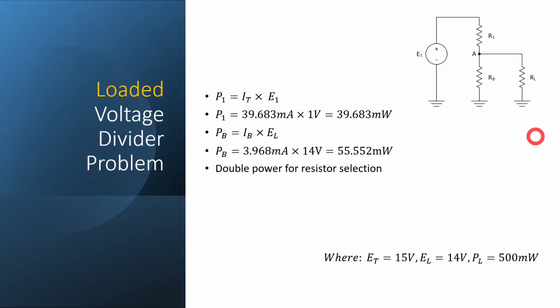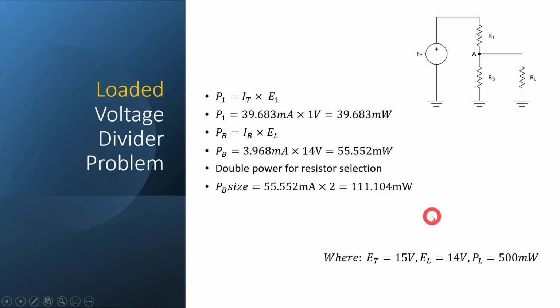Okay, so now this is a design principle: when you select your actual resistors, you want to double the power of the design for the actual component that you selected. So if we take our 55.552 milliwatts, times 2, we're just going to double that value, we're going to get 111.104 milliwatts.